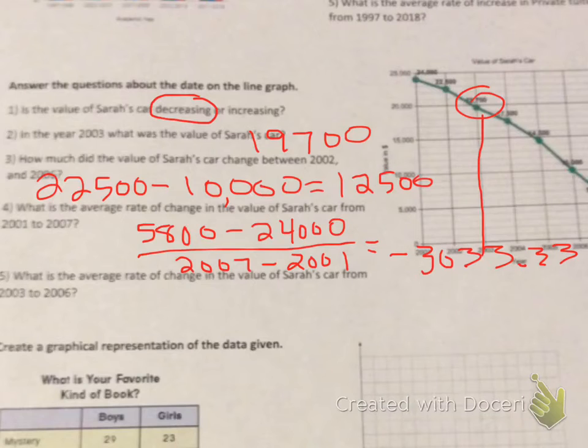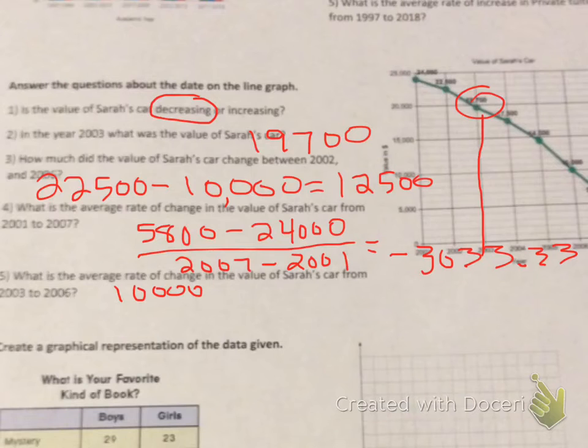All right, that last question there on number 5 says, what is the average rate of change in the value of Sarah's car from 2003 to 2006? So again, I'm going to go grab those values. If I go look at the value of her car in 2006, her car's value is $10,000.